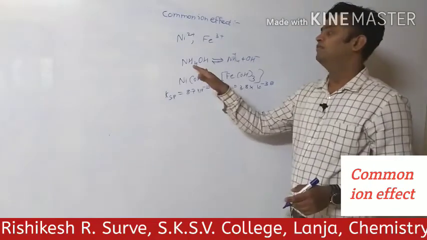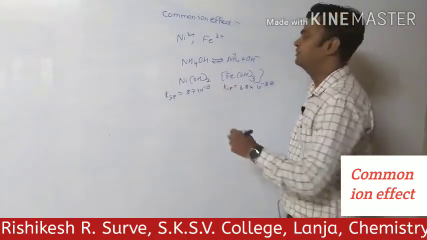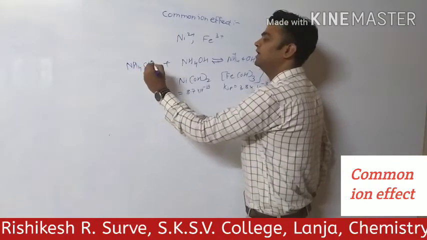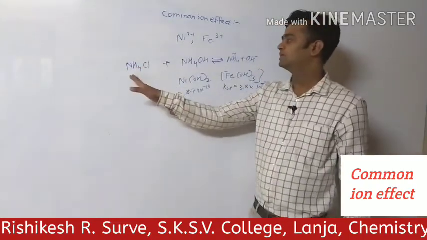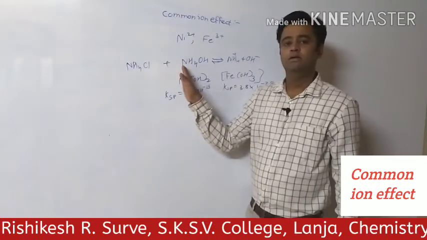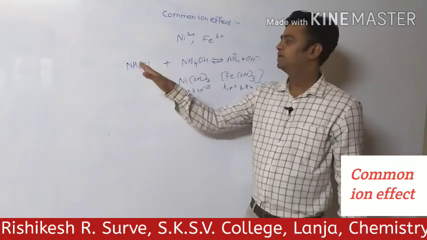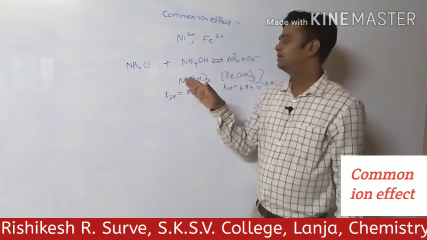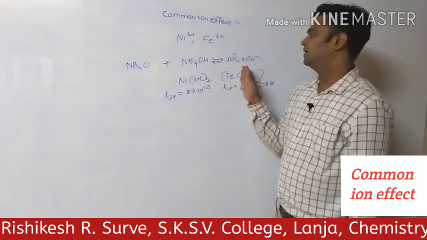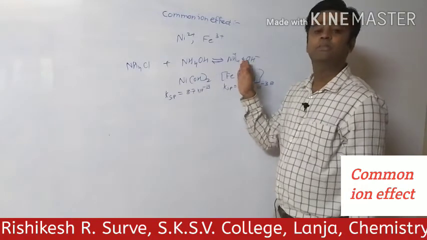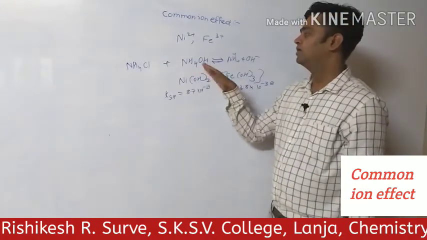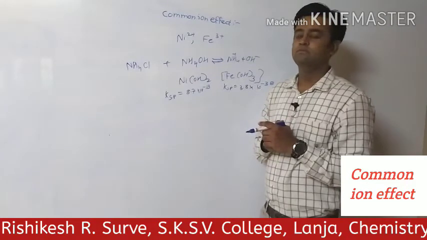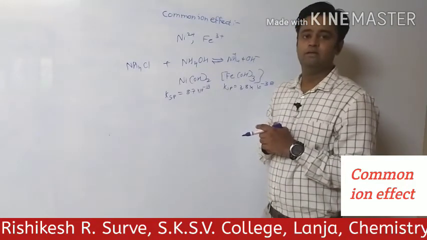But if we take a mixture of NH4OH and NH4Cl, the NH4 plus is common. It will raise the concentration of NH4 plus, resulting in suppression of ammonium hydroxide. This is the common ion effect.